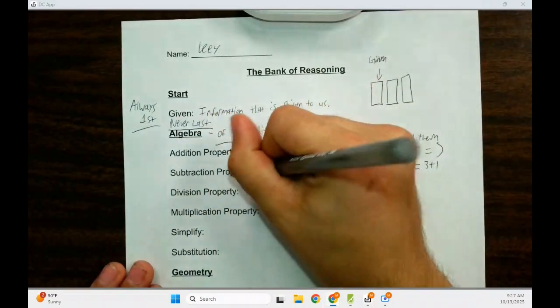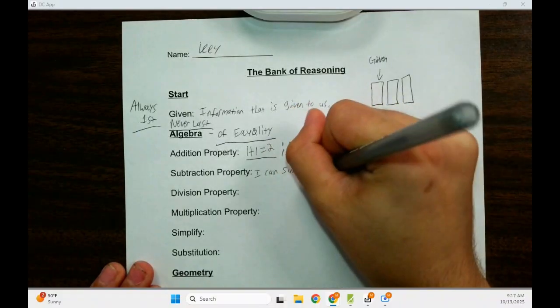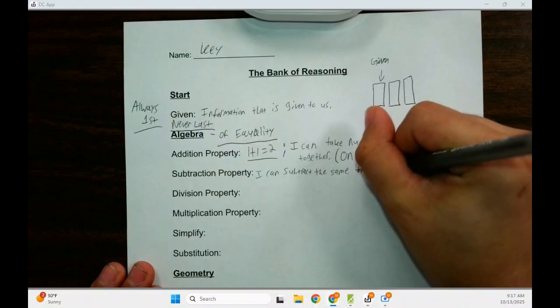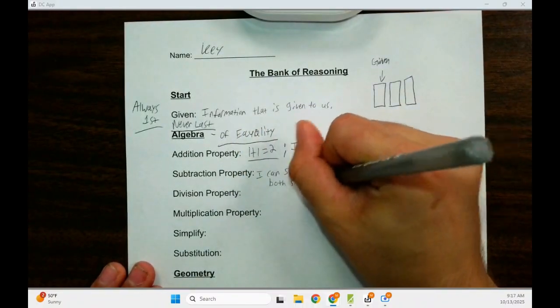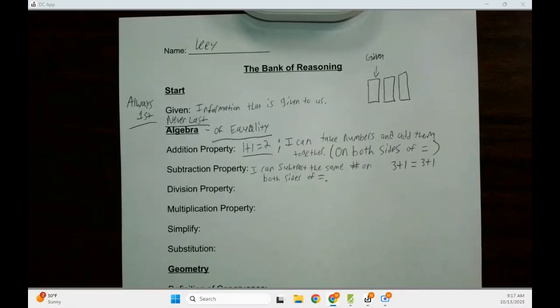And that's the same here, right? Subtraction property. I can subtract the same number on both sides of the equal sign. And I think you've picked up on the pattern right now. What might a good definition of the division property look like?